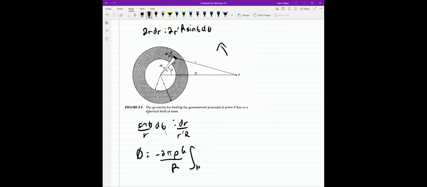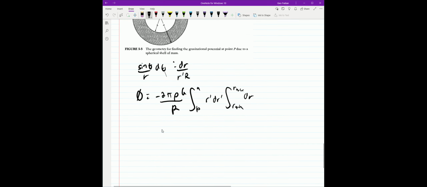Times the integral from b to a of r prime dr prime, and then we go from r min to r max dr, since we changed our theta integral to an r integral, not an r prime integral.